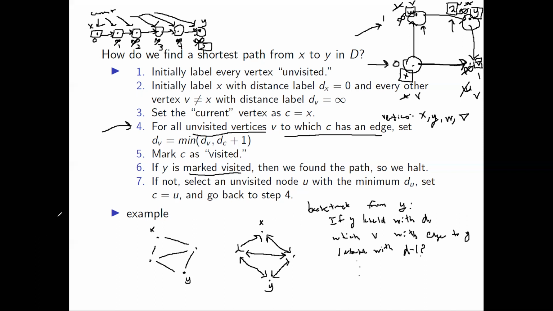So if we used a weighted graph, we can modify this algorithm a little bit. We can replace this +1 with the weight of the edge between C, the current vertex, and B, the unvisited vertex that we are relabeling. And just by changing that +1 to plus the weight, we can get an algorithm which finds a shortest path even when the edges have weights.